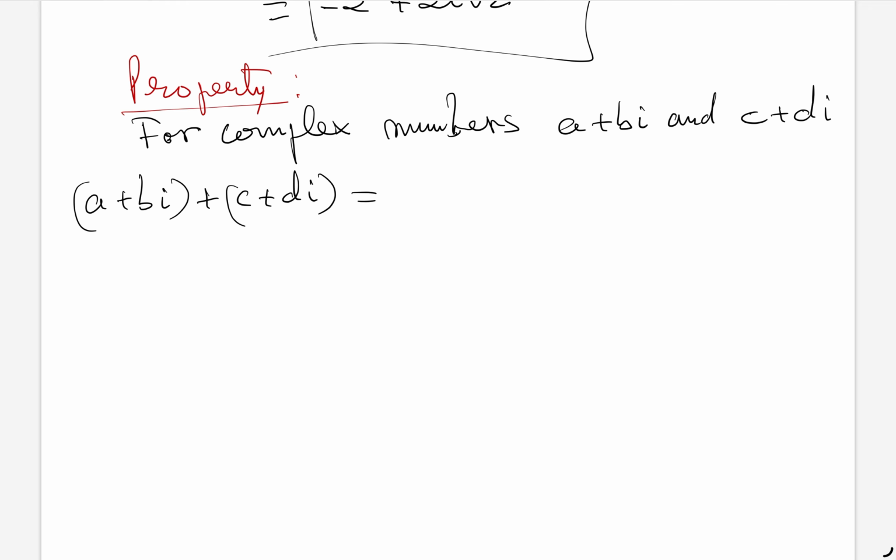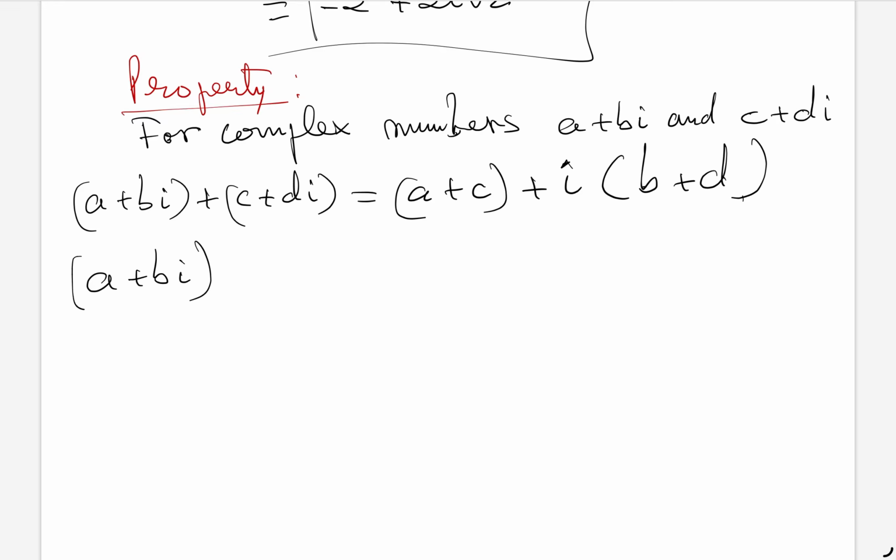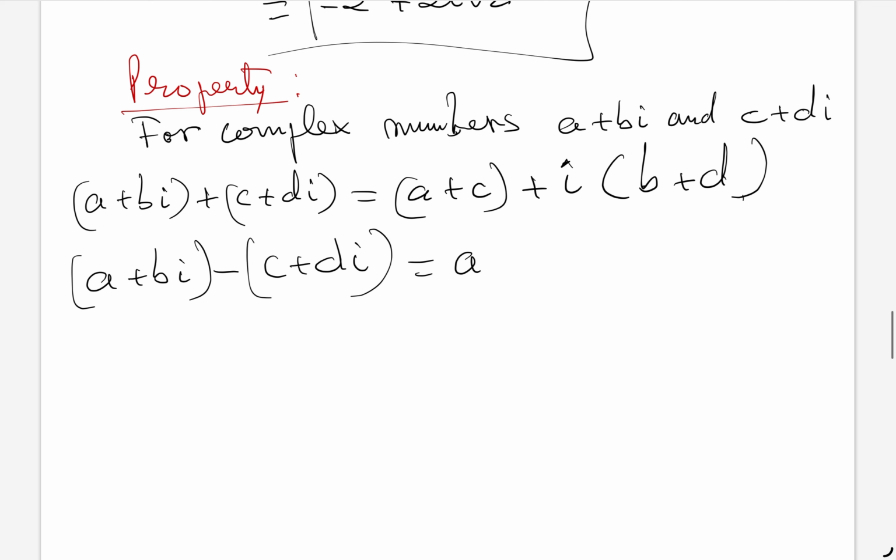The real part is a plus c, plus i, parenthesis, b plus d. That's it. Okay? Same if you have a plus bi minus c plus di. So you will end up having a minus c plus i, b minus d. That's it. Okay?